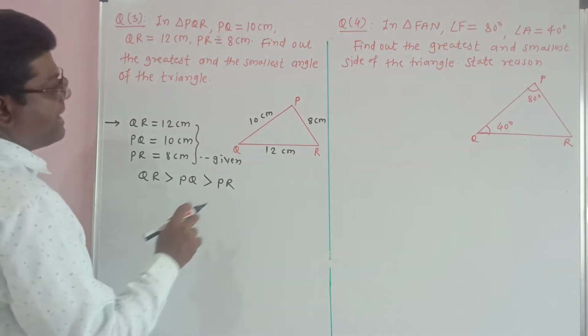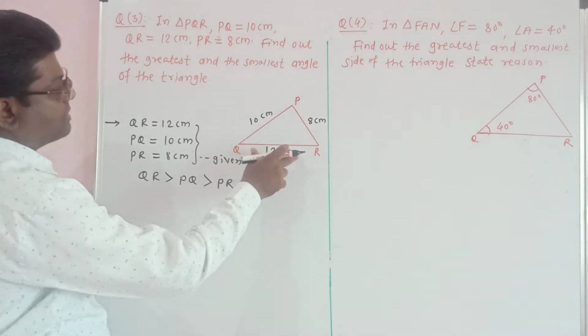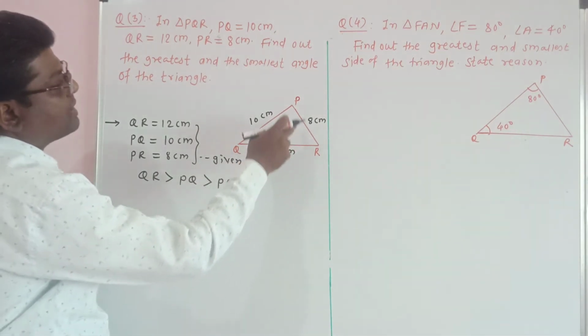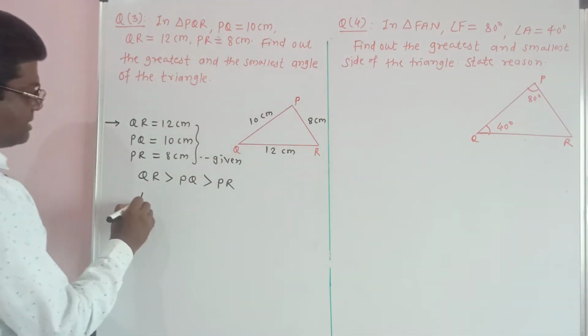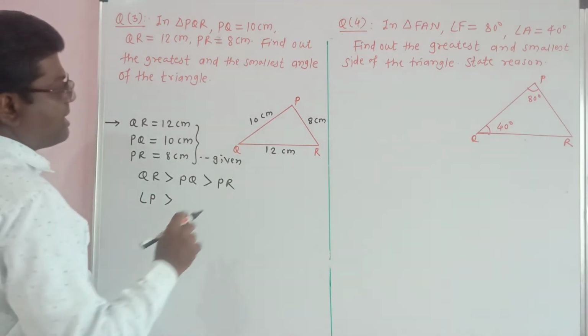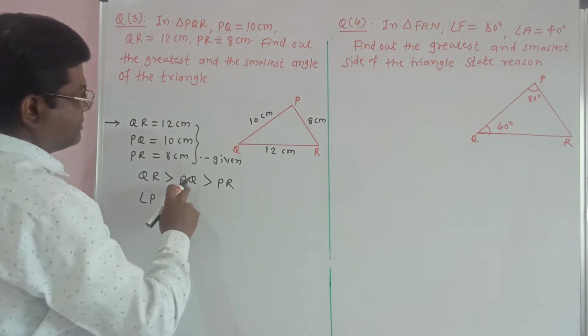Now the angle opposite to QR. QR is the greatest side. The angle opposite to QR is angle P. Therefore, angle P is greater than, now PQ.